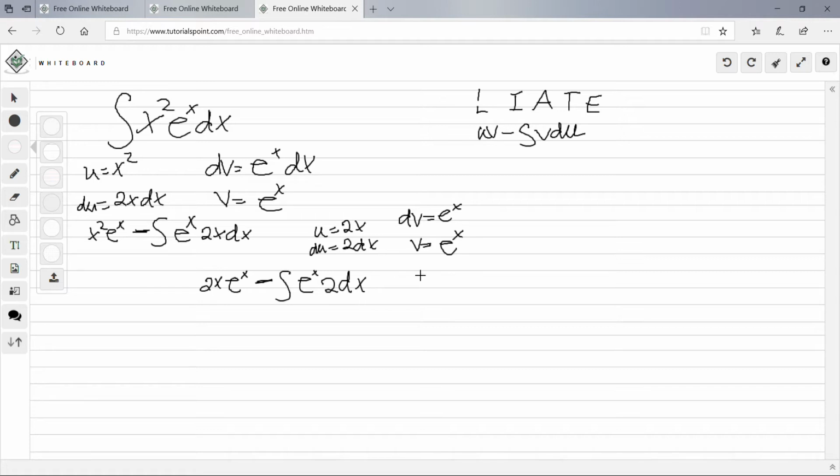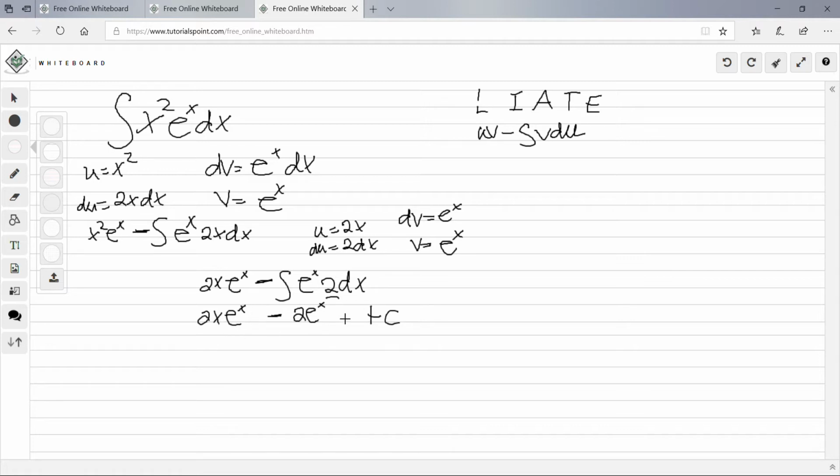And then we know the integral of e to the x is e to the x, and then we could leave out this 2, we could put it in front, so you're just left with 2e^x, right? So the integral of this is negative 2e^x plus c, and then bring this down, so that's 2x e to the x.